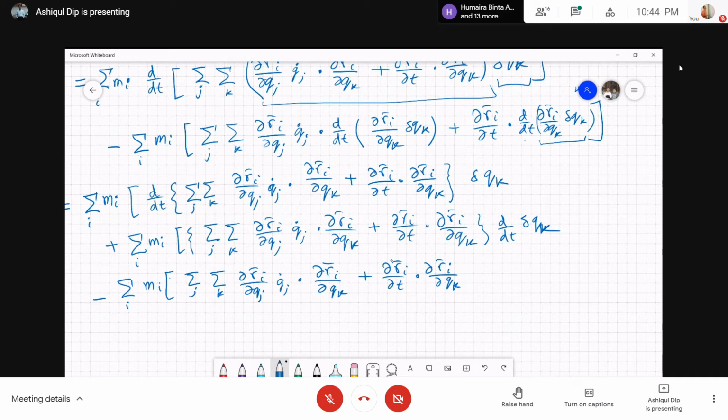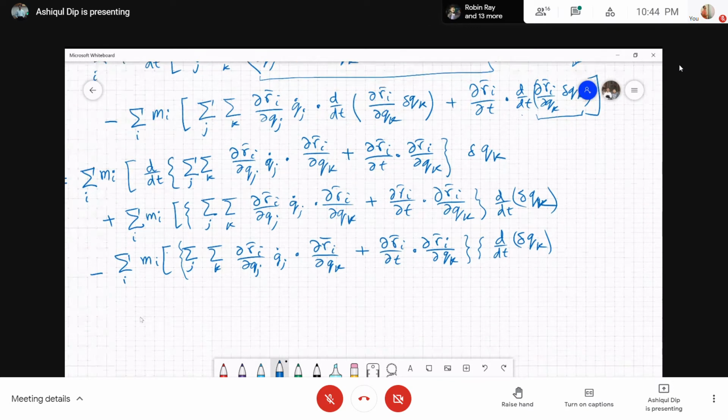So let's put a second bracket over there. d/dt of delta q_k, and then we need to write the rest. So that is negative sum over i m_i. Actually, I did it in the most complicated way possible, I believe.